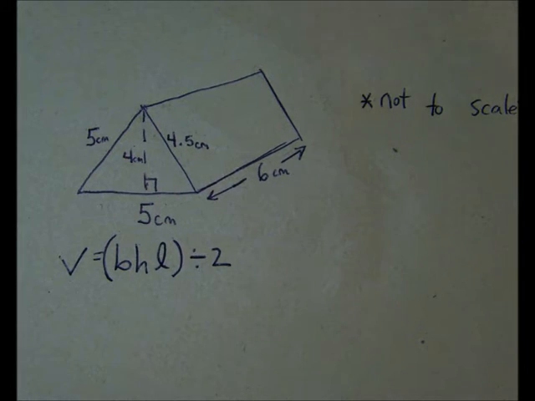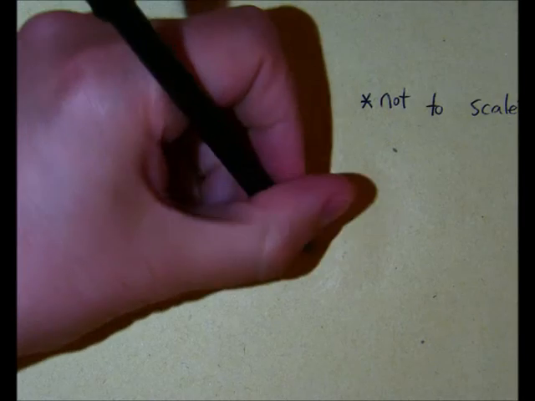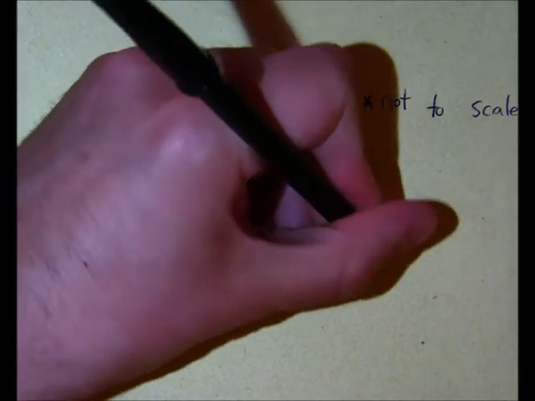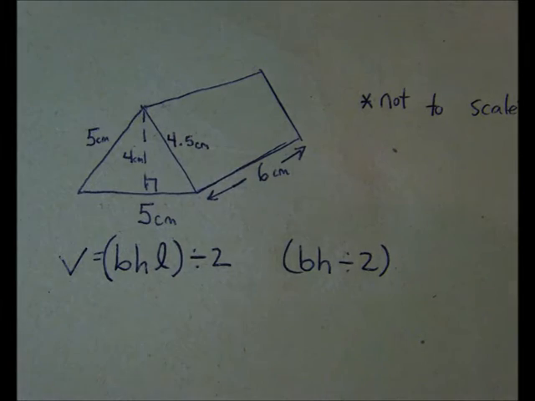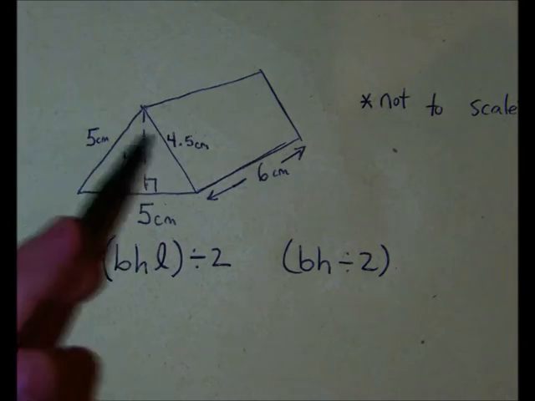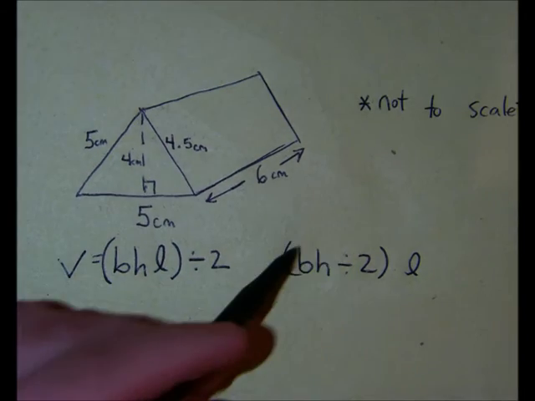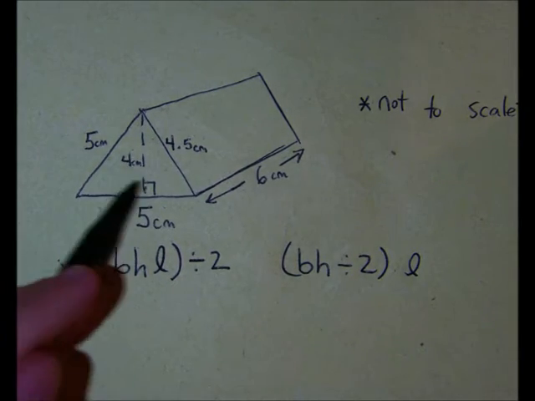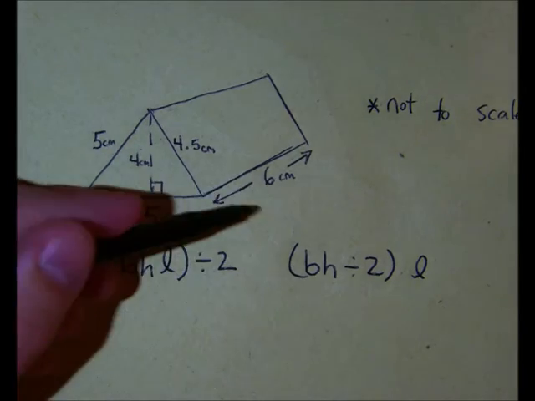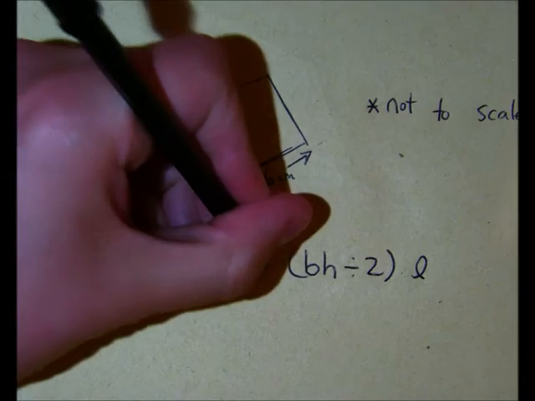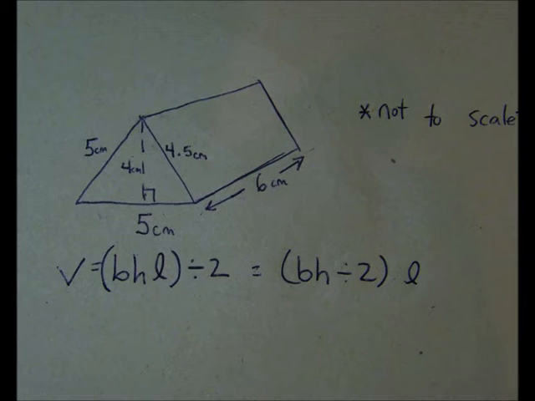You can also look at that as the area of the triangle at the front multiplied by the length. Base times height divided by 2 is the area of the triangle at the front, and then you multiply it by how long the prism is. These two expressions are equivalent.